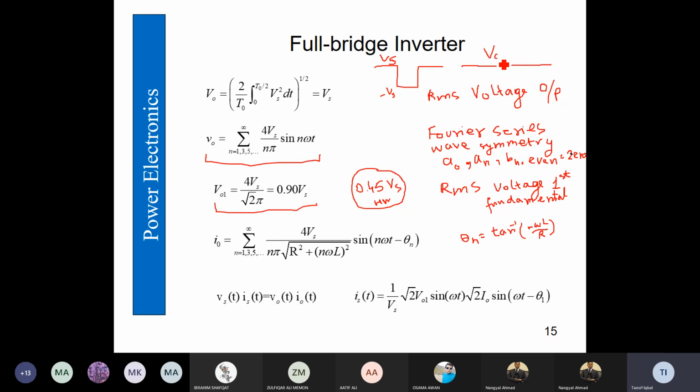This is Vs. So therefore the RMS of this type of waveform is going to be the total Vs. So therefore output voltage is equal to the input voltage. And if we are going to find out the peak, it is going to be higher than the DC voltage.